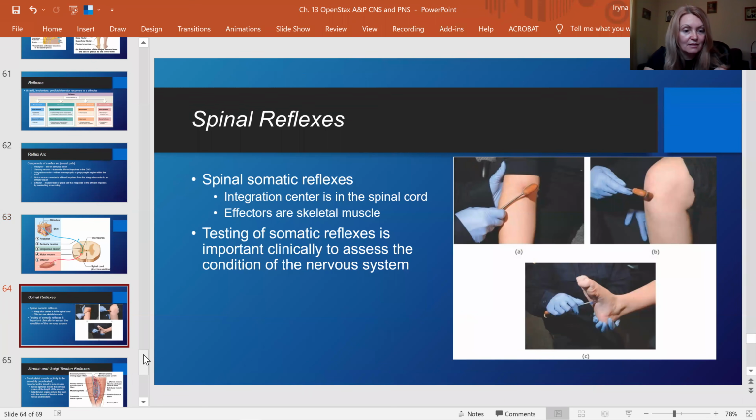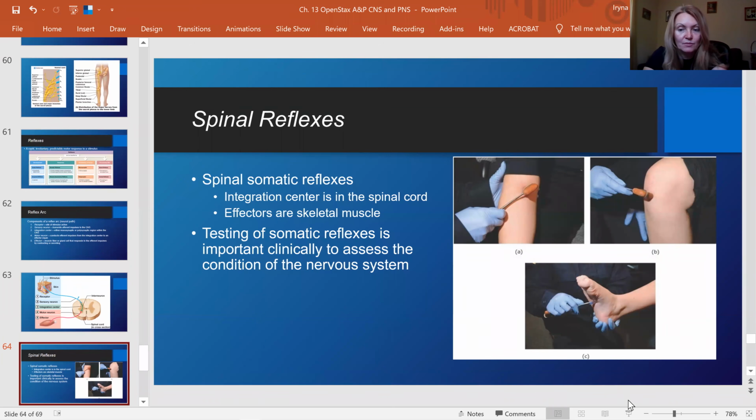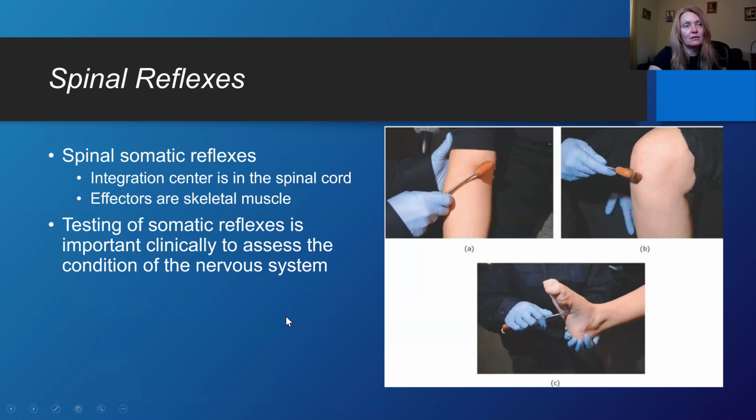The last slide over here for the anatomy part, and the rest of the PowerPoint will be covered in the third video: spinal reflexes and how they can be clinically important, right? Spinal somatic reflexes, with the integration center in the spinal cord, right?